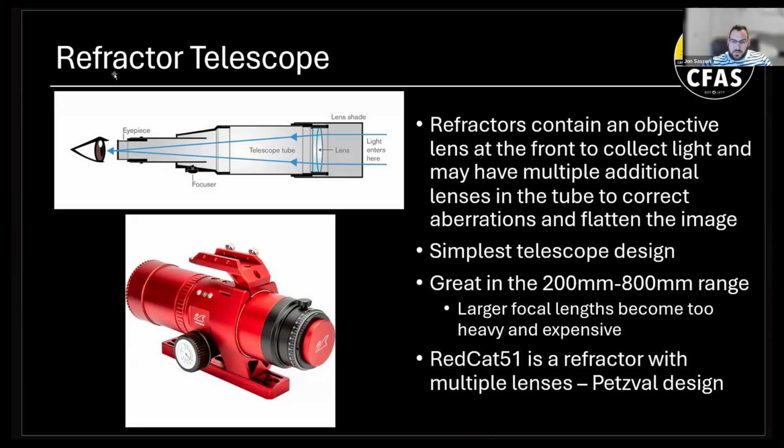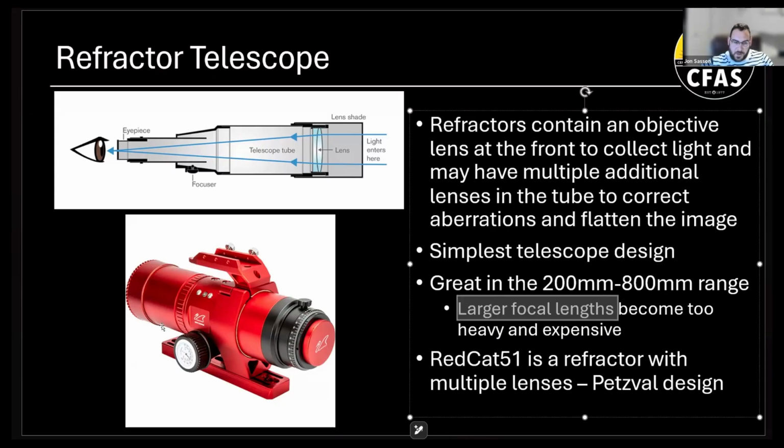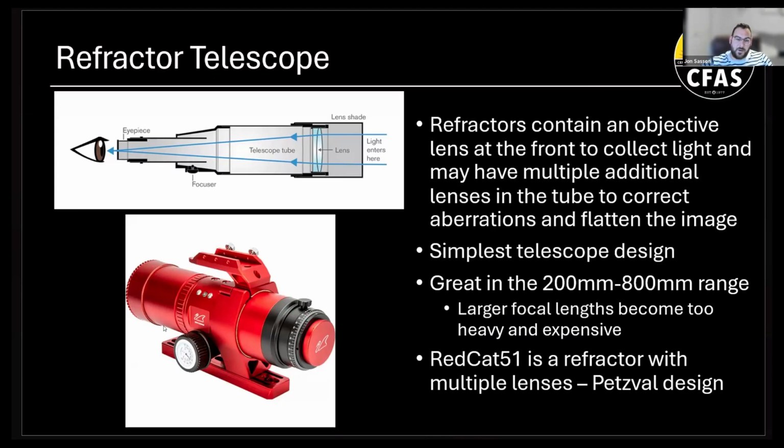So refractors, typically you'll see them in the range of 200 to 800 millimeters. At larger focal lengths, they start becoming very, very expensive and very heavy. If you want a refractor that can do 1500 millimeters, you might be paying $20,000 for that very large telescope, versus paying $2,000 for an SCT that's going to be significantly smaller.